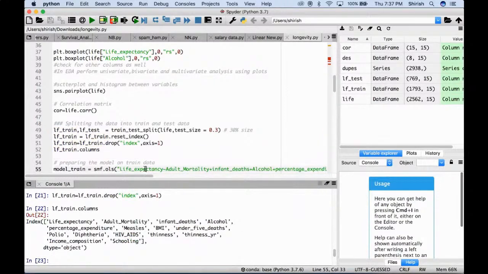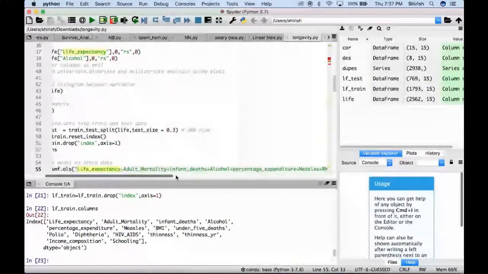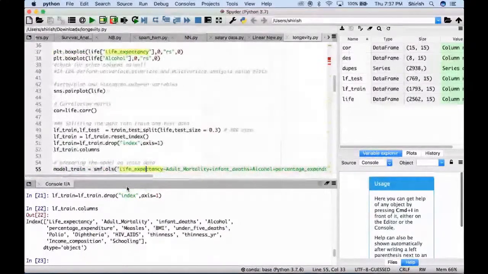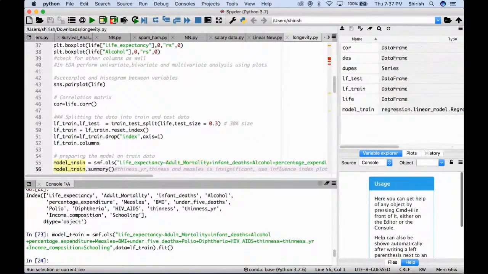Now I'm building the model, taking all the input variables. So as I told you, what is the equation here? It should be lm y tilde x. So in R we use lm y tilde x. Here we are using OLS, ordinary least squares. This is y and the input. I'm taking all the inputs and now I'm looking at the summary part.